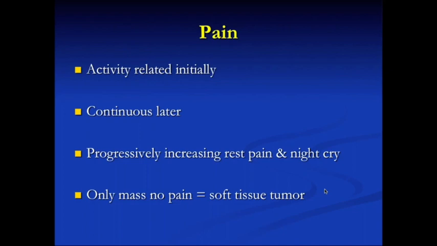It can progressively increase, and there could be, at the end, even rest pain and night cries. The character of the pain is not throbbing; it is dull to start with, and as the severity increases, the character will become more and more unbearable. So there is one dictum which says that only mass and no pain is equal to a soft tissue tumor or a soft tissue sarcoma. So bony tumors are invariably connected with pain, especially the malignant variety.